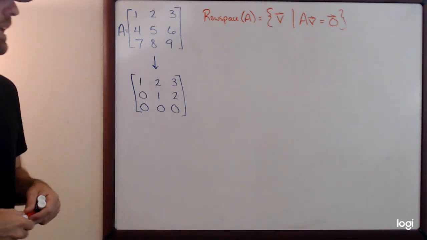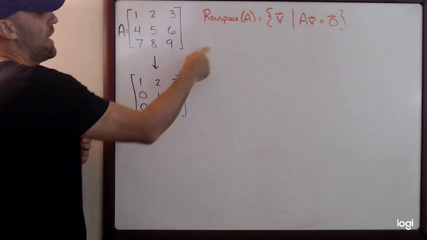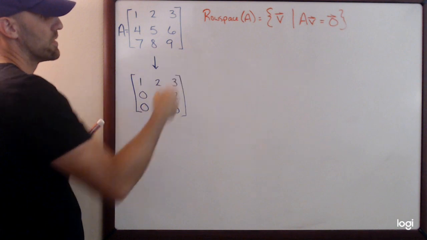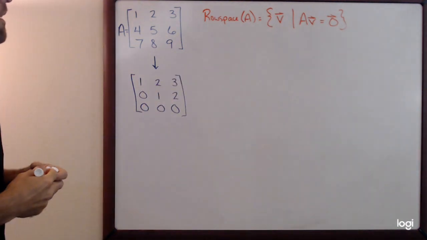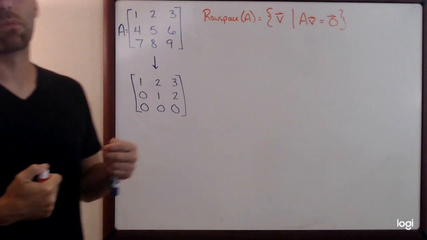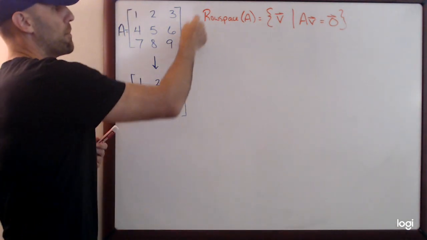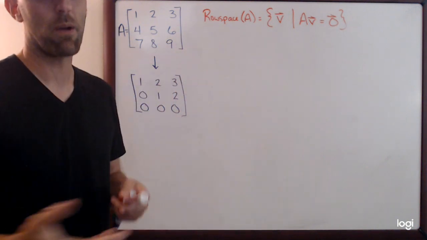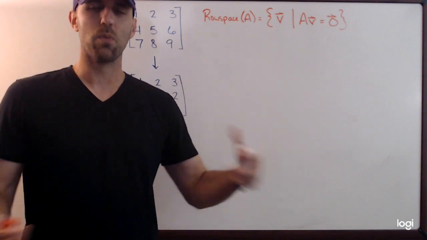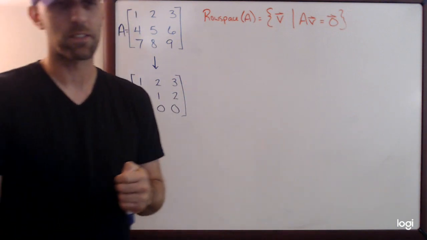Put simply, if I multiply A on the right by a vector, right? It's got to be, in order to make the multiplication make sense, it would have to be a vector. If I multiply A on the right by a vector, well, I'm going to get any number of things, but for some of those things, I'm going to get 0. I mean, for example, if I multiply it by the 0 vector, I'm going to get 0. The collection of all those things that you would multiply this by to get 0, that's the null space.